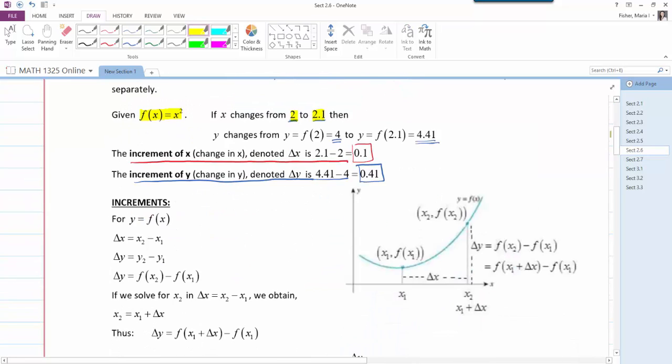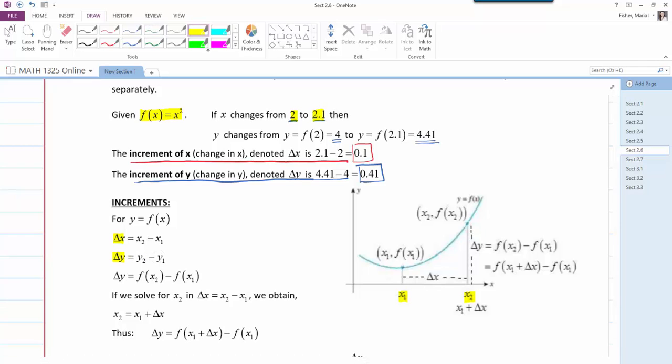So, on a graph for y equals f of x, just in general for any y equals f of x, if you have two x values, x sub 1 and x sub 2, the change in x is going to be the difference between those two values. And the change in y is going to be the difference of the two y values.